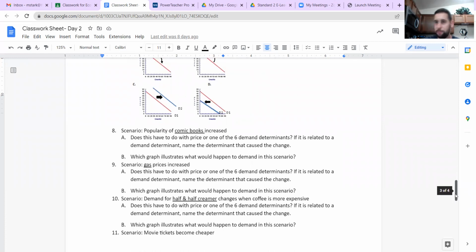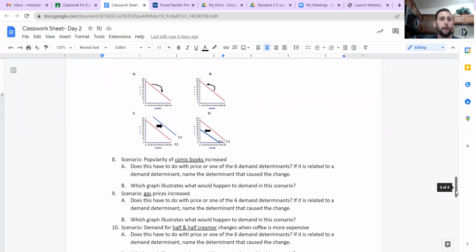I wish, but I still use it as an example. That means prices are going down. We're looking for a graph that has one demand line with an arrow going down. That's graph A. All right, that's change in quantity demanded. Again, any scenario that's a simple price change, price going up or down, is going to be either graph A or B.